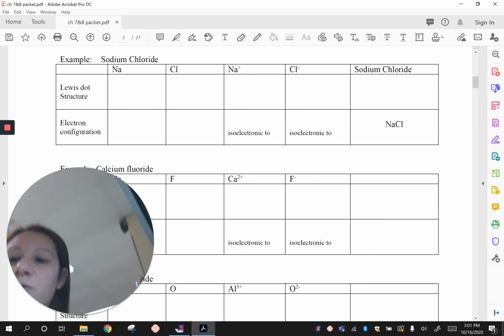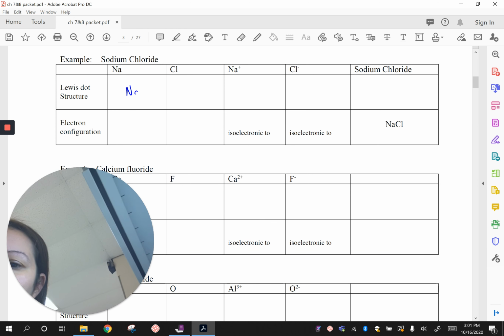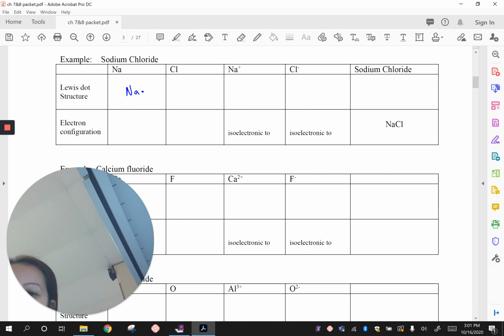Sodium's Lewis dot structure would be Na with just 1 valence electron. The electron configuration for neutral sodium would be 1s2, 2s2, 2p6, 3s1.